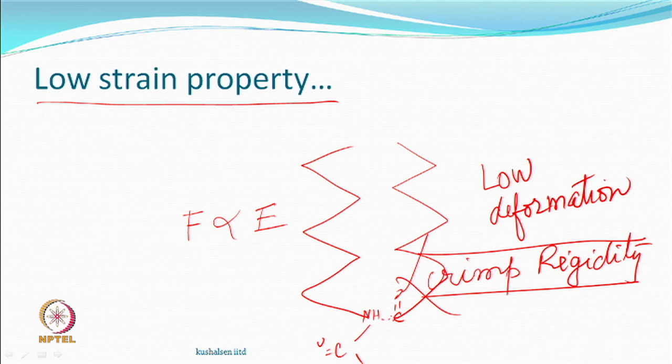If the possibility of forming intermolecular hydrogen bonds is high because of the molecular structure itself, then the modulus of that particular fiber could be high. So, generally you have seen nylon 6,6 gives higher modulus compared to nylon 6.